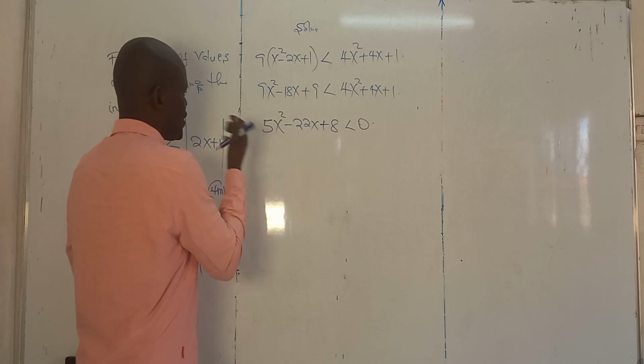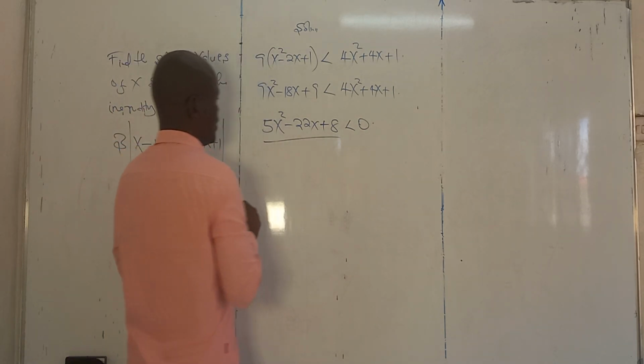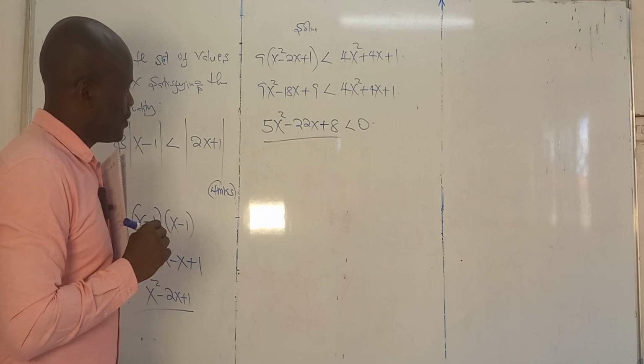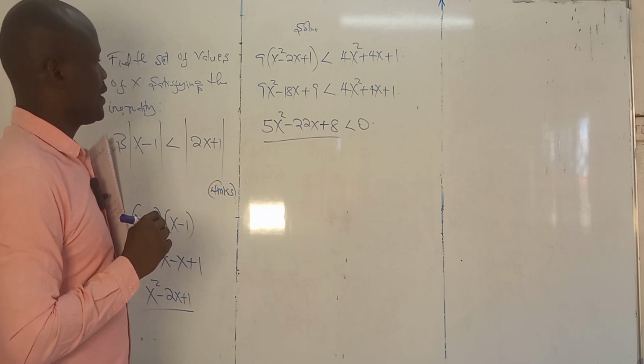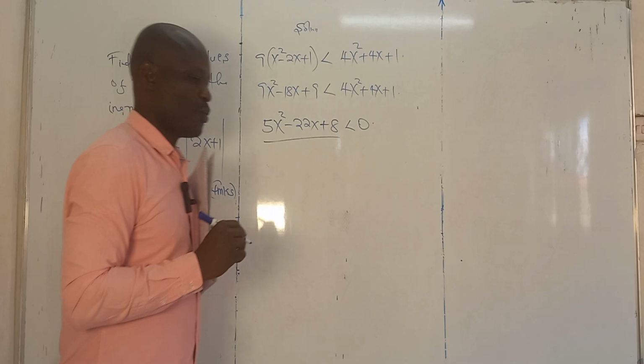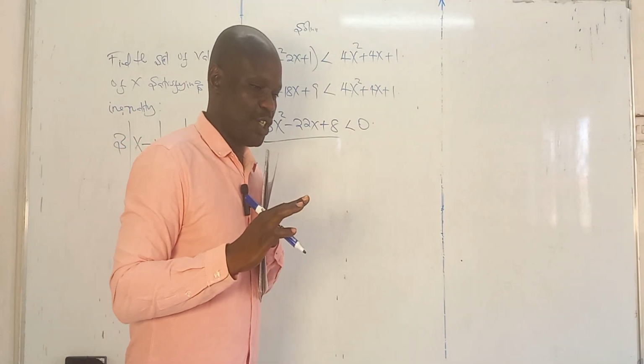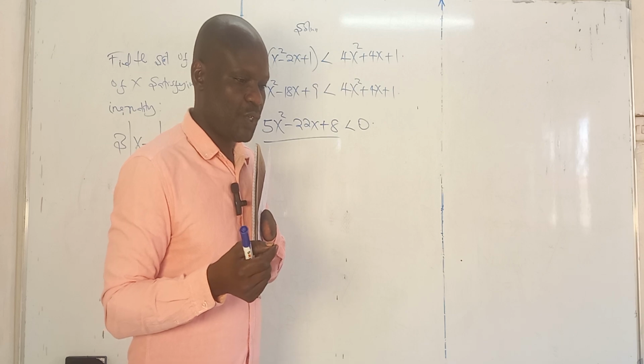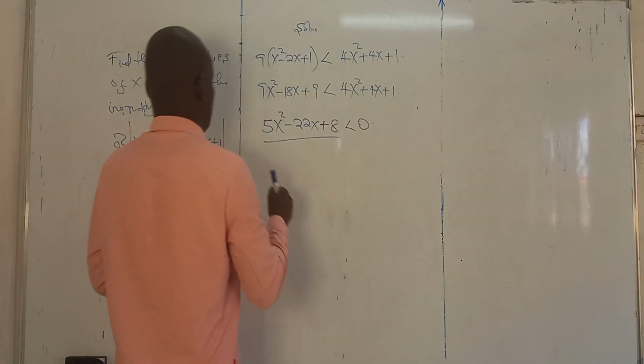Now I consider this quadratic bit, and two values whose product is 40 and sum is negative 22. That has to be negative 2 and negative 20.